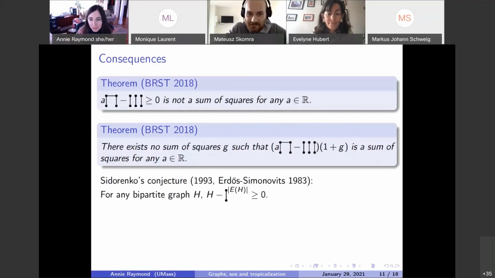Okay, and another question. Are these cones in your examples also tropically convex or no? They're not exactly this. If you know a bit about tropical geometry, it's a bit different here.